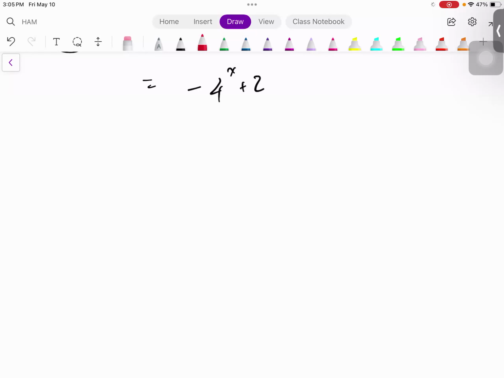Only if you have the negative on the power, then you flip them. Negative 4 is just negative 4. 10 more seconds.